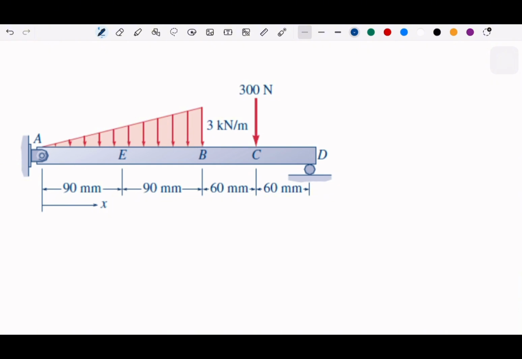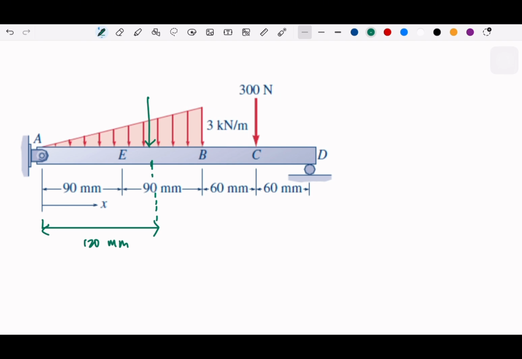Okay, we have 3 kilonewtons per meter, and basically we can find the concentrated loads. If this is 180, we can divide by 3, which is 60, 60, 60, and suppose this is 120. So this will be the concentrated load, right?